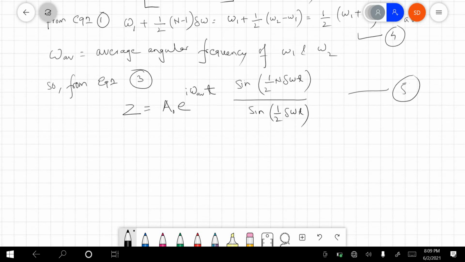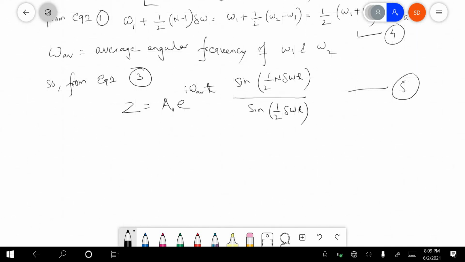Now if x is the real part of z, since z is a complex function, the real part of the complex function z is x.